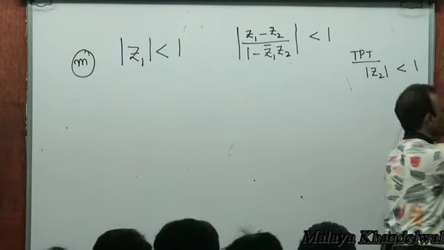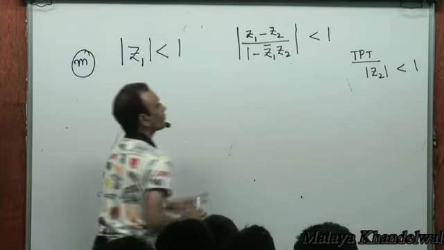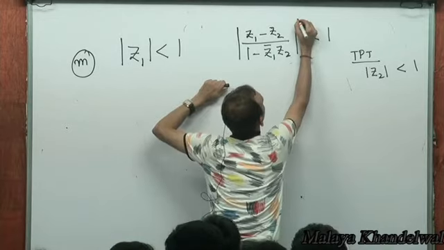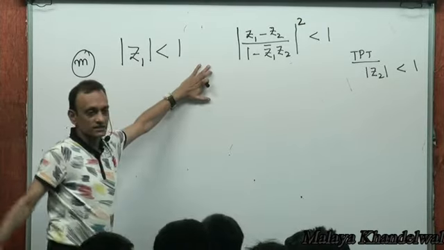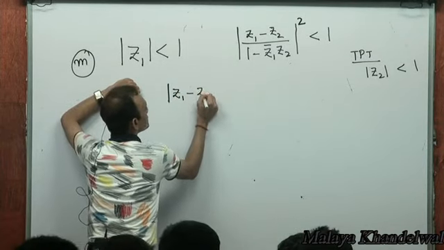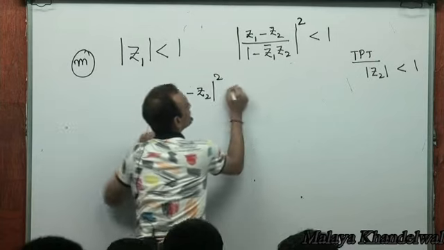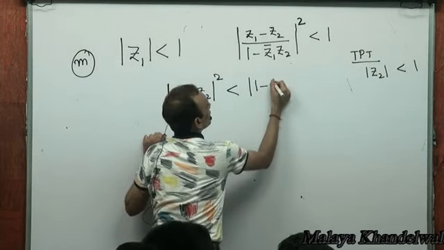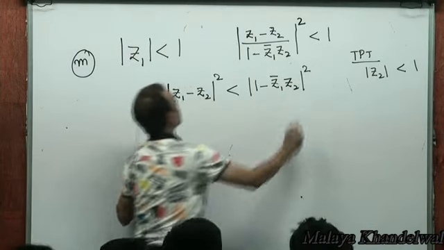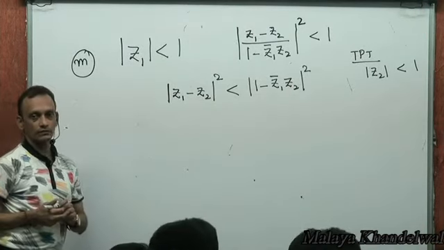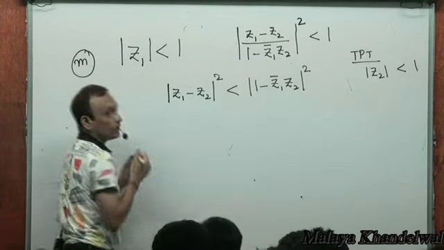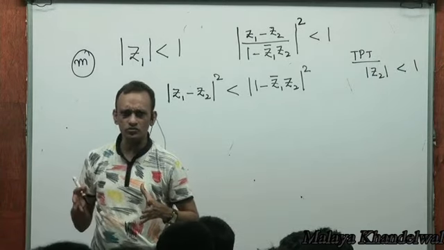See, this is less than this, means square of this would be less than this. That means mod z1 minus z2 whole square would be less than mod 1 minus z1 bar z2 square. Right? Now, have I given you the result for mod z1 minus z2 whole square?